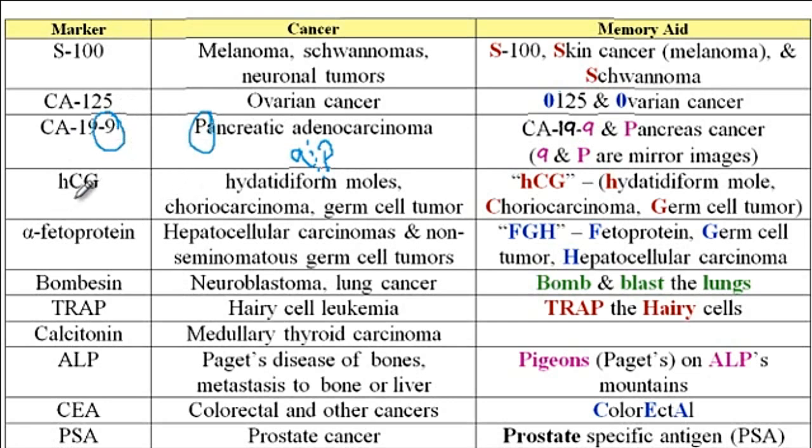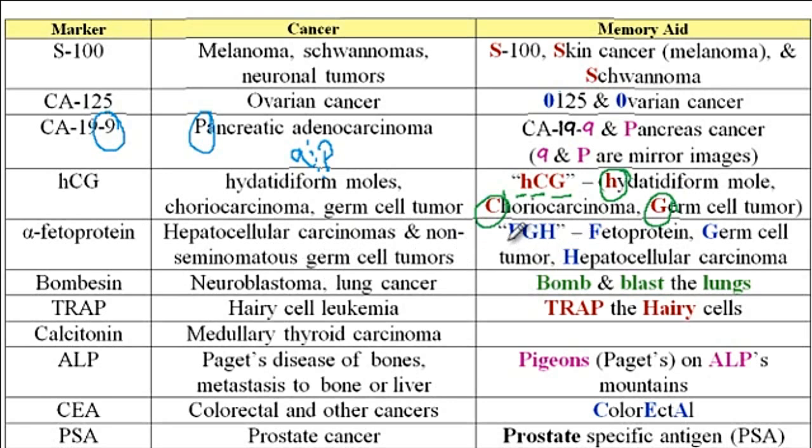Next, we have human chorionic gonadotropin, which is increased with hydatidiform moles, choriocarcinoma, as well as germ cell tumor. So HCG can stand for hydatidiform mole, choriocarcinoma, and germ cell tumor. Next, we have alpha-fetoprotein, which is elevated with hepatocellular carcinoma, as well as non-seminomatous germ cell tumors.